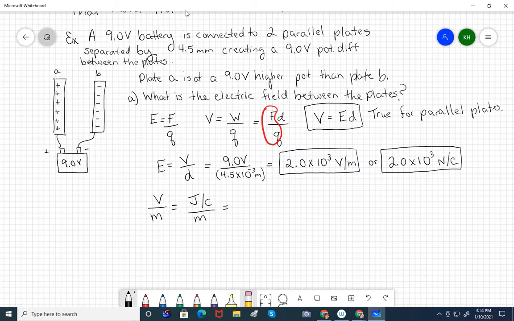And a joule, you may or may not remember, is a newton times a meter, per coulomb divided by meter. The meters cancel out. That does equal a newton per coulomb. So electric fields can be expressed in units of newton per coulomb, that's our standard, but they also can be expressed as volts per meter, and sometimes that's convenient.